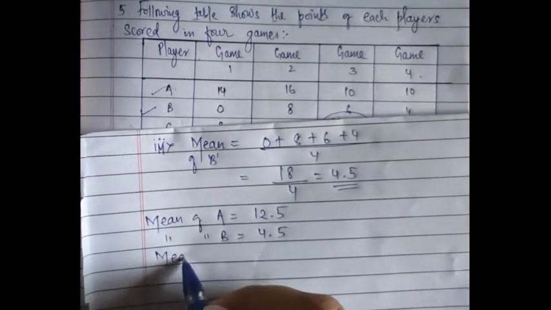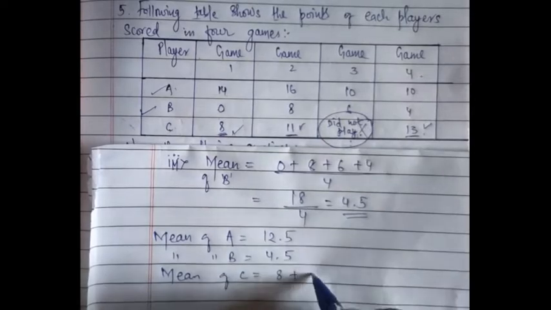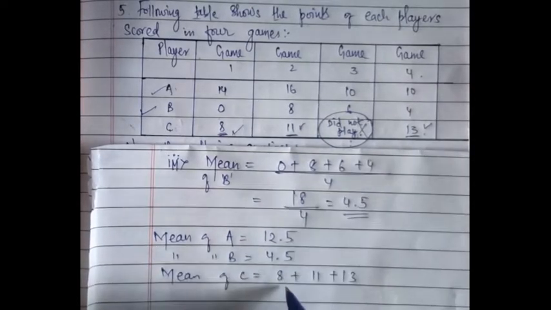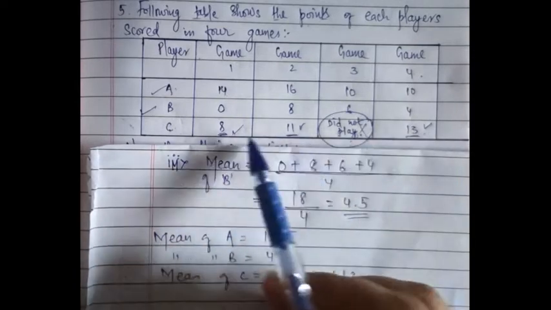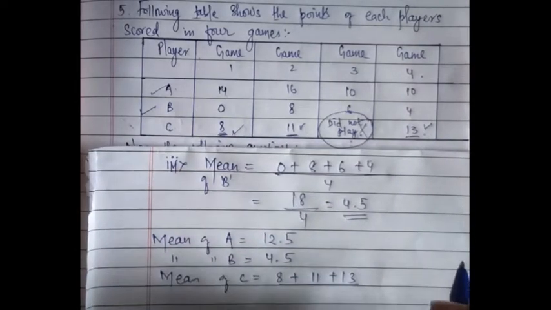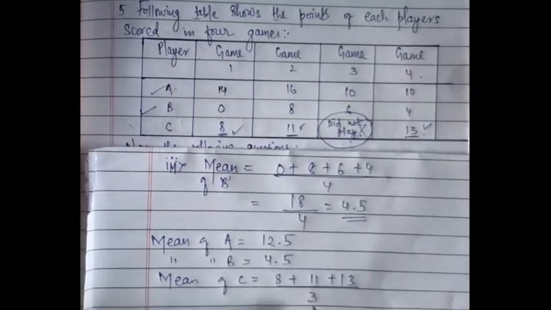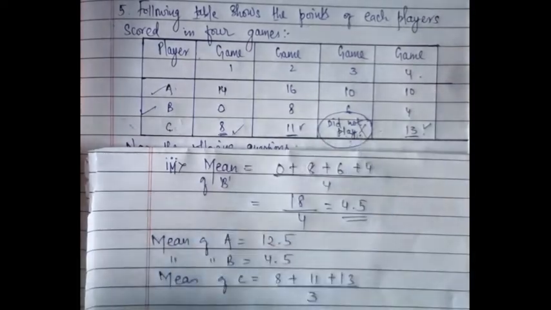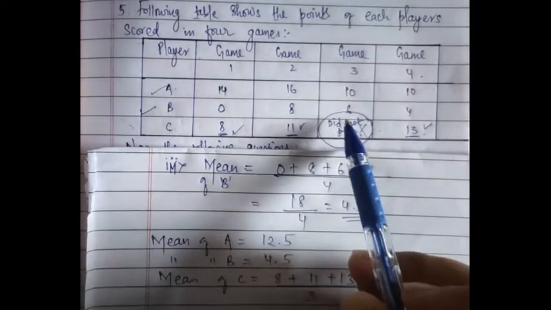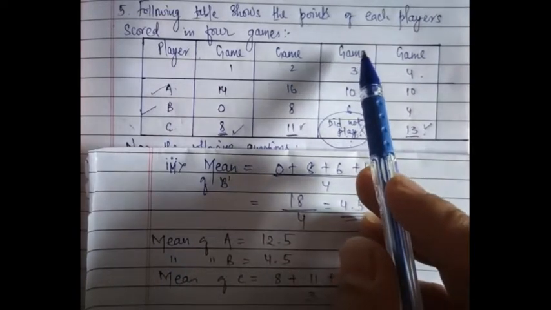Okay, so the mean of C is equal to 8 plus 11 plus 13, the sum of all the observations, divided by how many observations? What is the total number of observations? It is 3. Why 3? Because he played only 3 games, not 4. One game, that is game number 3, he did not play.